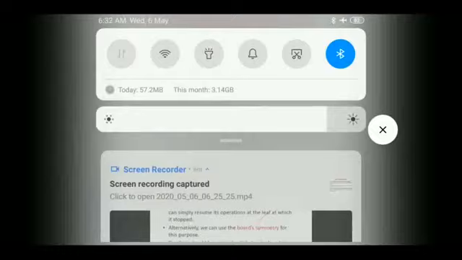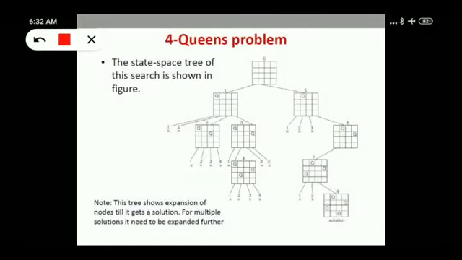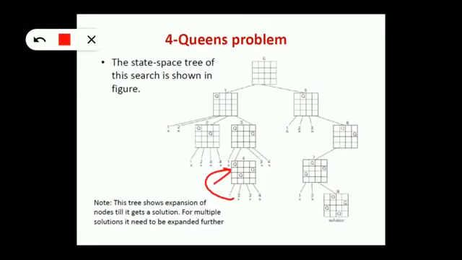So what we do is we backtrack to queen 3. We have already observed that queen 3 doesn't have any other proper position except the cell 3, 2. So therefore we backtrack to queen 2, and we have observed that queen 2 is already in the second row's last column, so it has no other position to relocate.